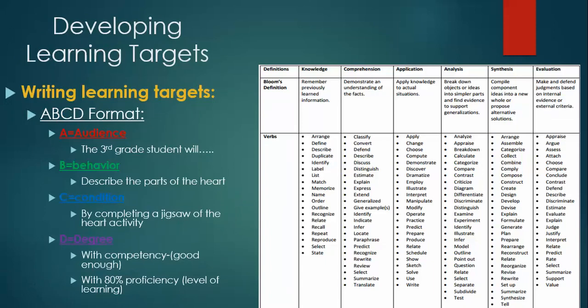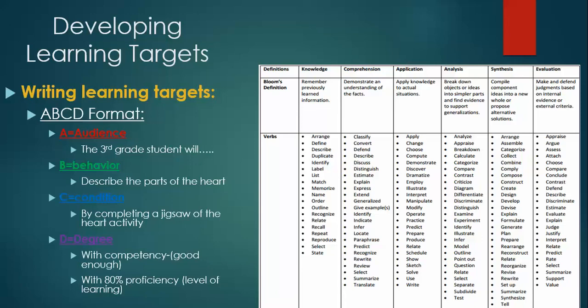There are 4 components, as I talked about earlier, the A, B, C, D. Audience has to do with who the lesson is for: 3rd grade student, 5th grade student, 8th grade student, college freshman, graduate students, whatever the specific audience. Behavior is, what are the parts?